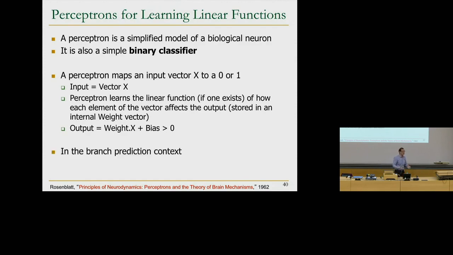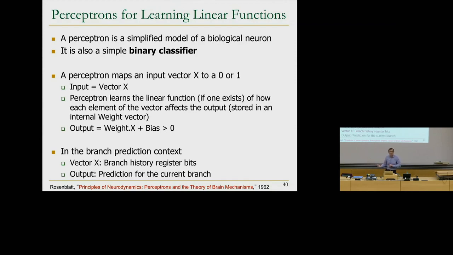In the branch prediction context, it's very similar. We don't use words. We use branch history register bits. So you basically have this vector, and this tells you which direction the last m branches that you executed went. And output is the prediction for the current branch.